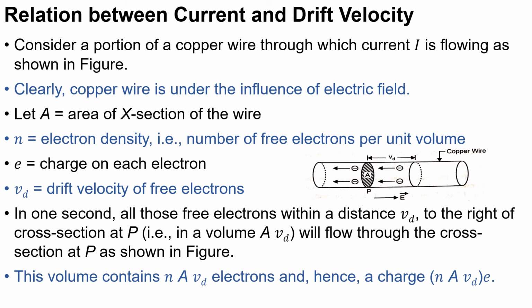In 1 second, all those free electrons within a distance Vd to the right of the cross-section at P, that is in a volume A Vd, will flow through the cross-section at P, as shown in figure. This volume contains nAVd electrons and, hence, a charge nAVde.